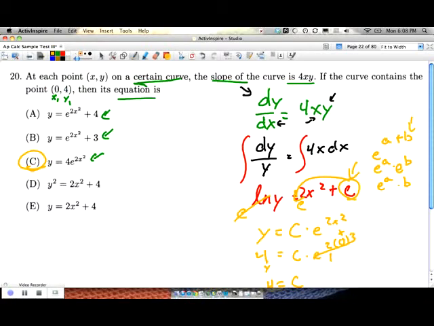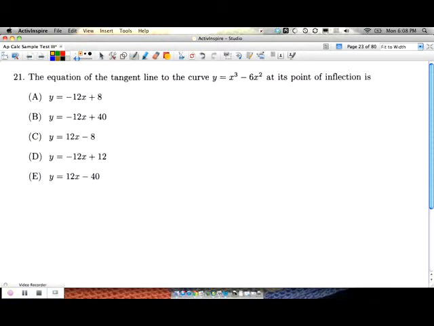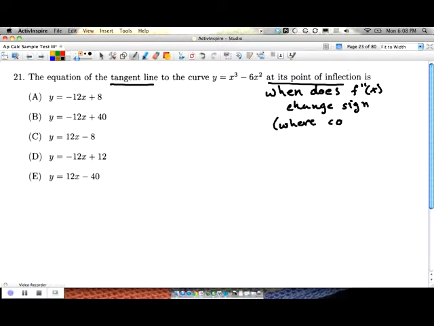Few more to go here. The equation of the tangent line to the curve at its point of inflection. So we've got to figure out when f double prime of x changes sign, because that's where concavity changes, because that's a point of inflection.